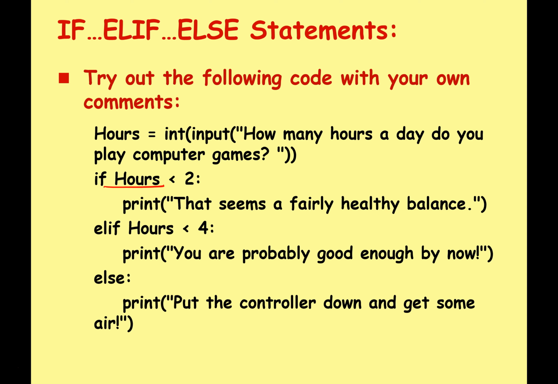If the if and the ELIF are false, it'll execute the else, and then it'll skip on and continue with the program. So out of these, only one can be true. And it will try them in order. It'll check the if, then it'll check the ELIF, and if there's an else, it'll execute that. But it only executes one, and it checks it one at a time. So think about it carefully.